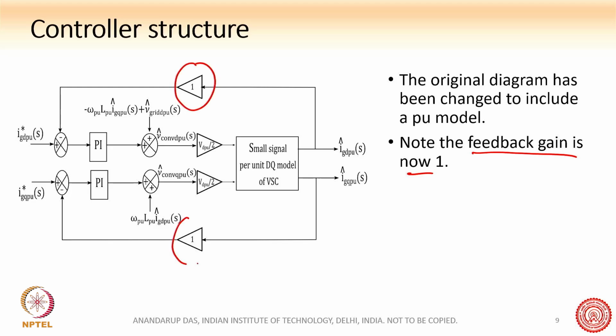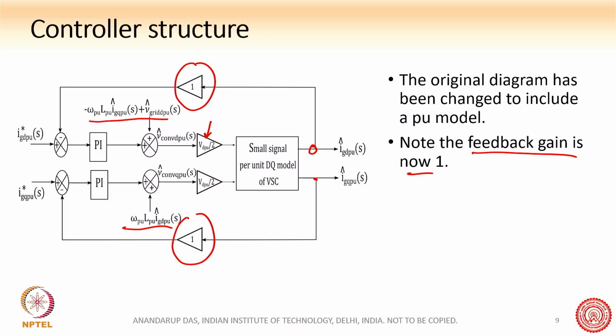Here you can see the gain which is coming from that output; this gain is coming to the input with a gain of 1. This is the speciality of a per unit system. All other quantities you can see here are shown as previously.